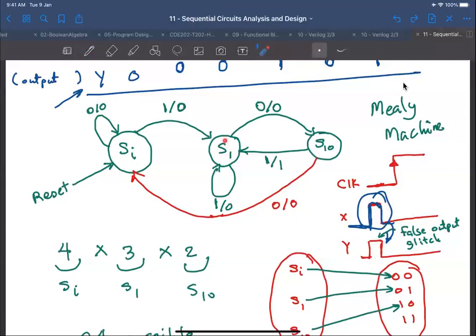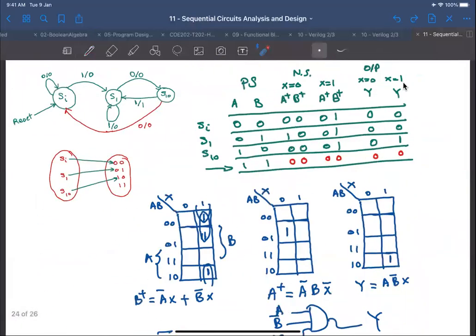The output is going to be stable during the whole period in which you are in one of the states. So there is no false output for the Moore machine. This is something that is preferable about Moore machines, even though they result in more states, as we will see.